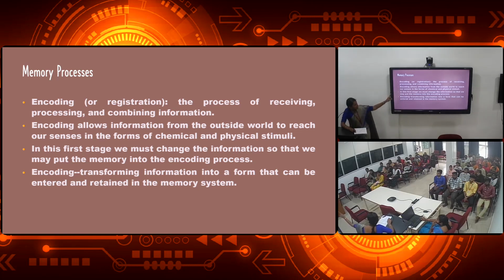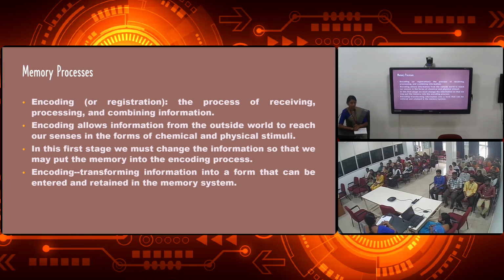Encoding is the registration, the process of receiving, processing, and combining the information. Encoding allows information from the outside world to reach our senses in the form of chemical and physical stimuli. What is stimuli?